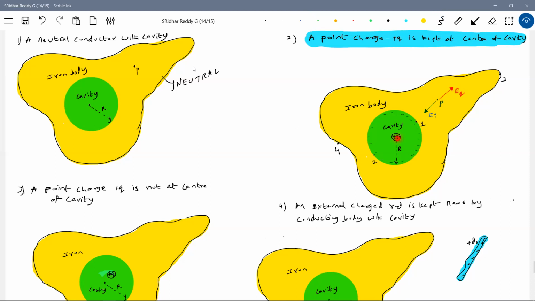The field produced by the point charge kept at the center. What is EI? The induced electric field produced by the charge induced on the inner surface. So how much is that induced charge? I don't know. So I'm going to write it as QI. Can we calculate? No. According to the law of conservation of energy, the net field at point P must be 0.